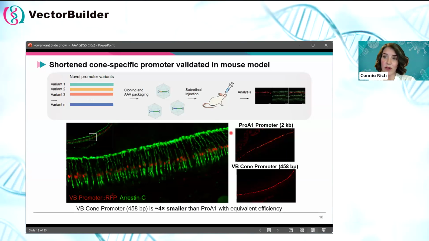We can make our best guess, of course, and we can avoid some common pitfalls like mismatching of an ORF and a promoter. But to determine if your vector is going to work exactly as you intend, it requires testing in the lab. And of course, there are options for pilot tests, for small scale tests. There are checks that you can make along the way.